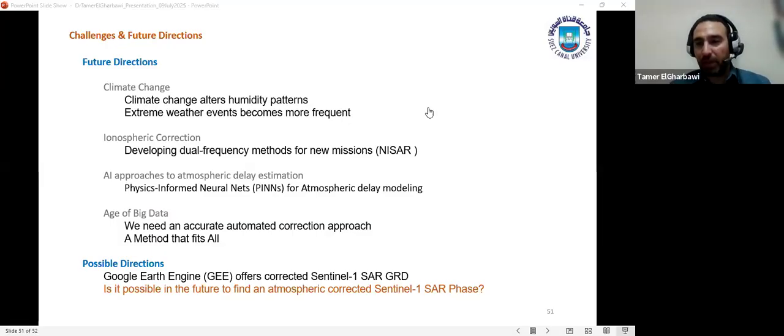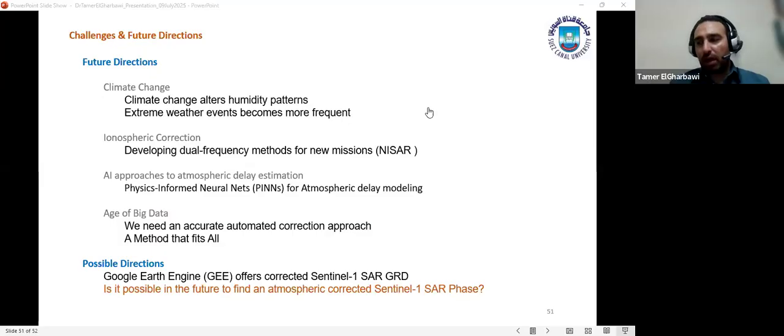Like in MintPy, when you're using MintPy, you can select what kind of atmospheric delay to use. You can select PyAPS or GACOS or even elevation dependent, which is the first one we examined here, or even not apply any atmospheric correction. So I believe it depends on the software itself.